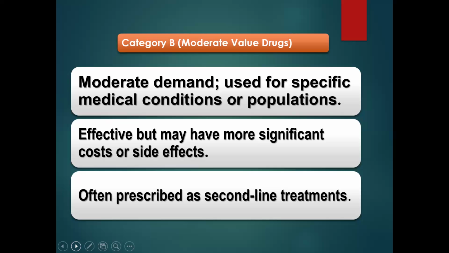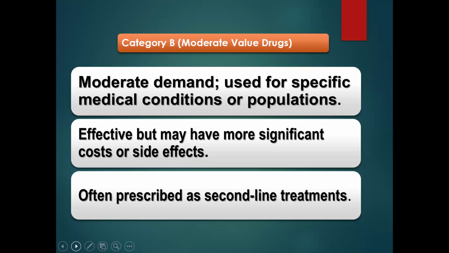So drugs categorized as group B or moderate value drugs are drugs that have moderate demand, or drugs used by specific populations, like pediatrics or patients with sickle cell anemia, or pediatrics suffering from hemophilia, or elderly persons suffering from a condition specific to them.